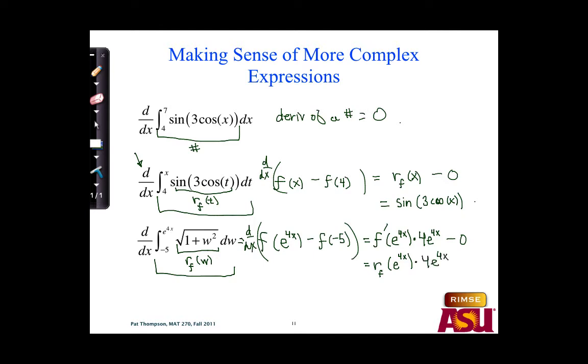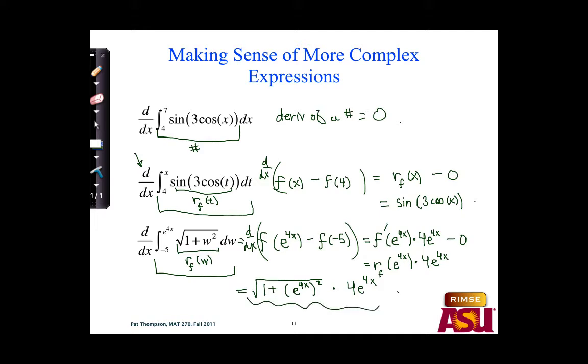And r sub f was just this square root expression. So to write this back without the mystery notation, r sub f of w is the square root of 1 plus w squared. R sub f of this is going to be the square root of 1 plus e to the 4x squared, and then times 4e to the 4x as a separate factor.